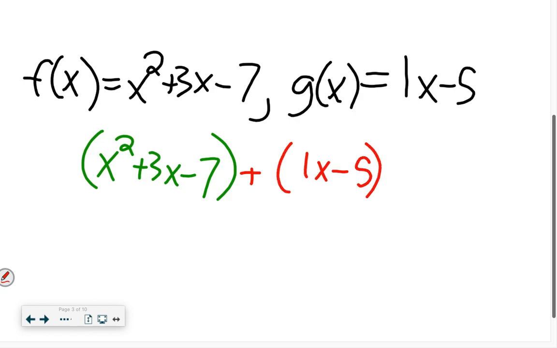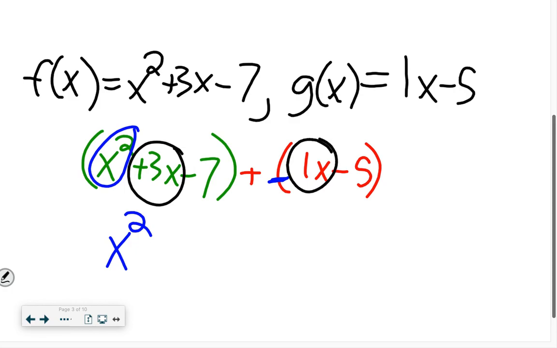Well, when you add, all you do is combine like terms, right? So if I look at this x squared term, there's no other x squared term over here, so there's nothing to combine with x squared. So that one stays by itself. I know, it's sad. Now we have 3x, and look, there's a 1x over there. They're like terms.